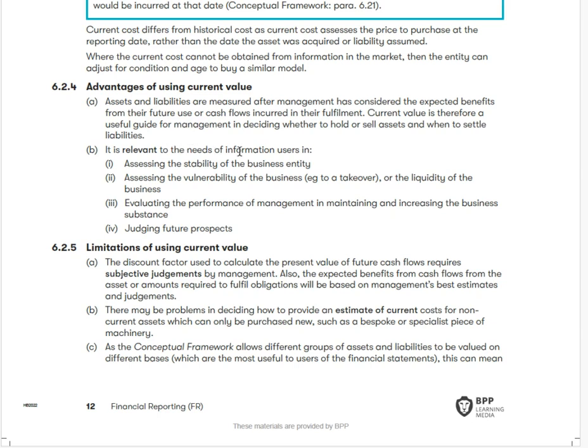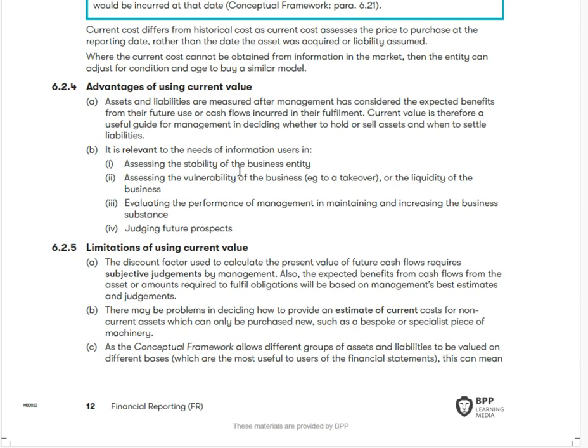It is relevant to the needs of the information of the users in assessing the stability of the business entity, assessing the vulnerability of the business, for example to a takeover, or the liquidity of the business, evaluating the performance of management in maintaining and increasing the business substance, judging future prospects.